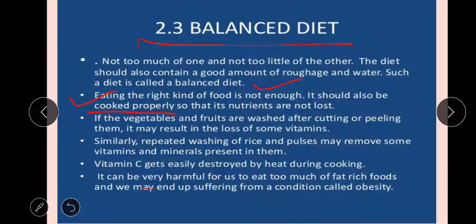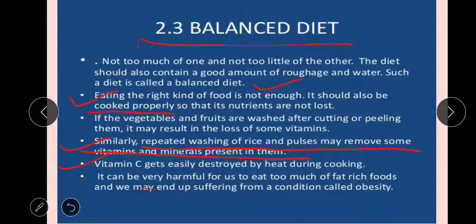Similarly, repeated washing of rice and pulses may remove some vitamins and minerals present in them. Vitamin C gets easily destroyed by heat during cooking. So, you can take lemon water or lemonade in summer seasons for plenty of vitamin C.